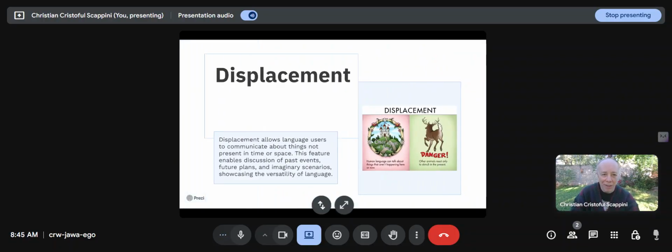Then we have displacement. What is displacement? Well, notice that we human beings have the ability to go through time and space with language. Yes, that's our superpower. So we can displace ourselves. We can move through time with language.